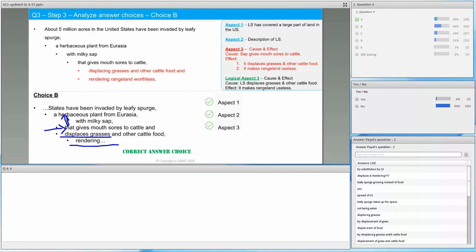And then at the end, we have this modifier that talks about the effect of displacing grasses, which is absolutely correct again, because during our meaning analysis, we realized that if leafy spurge displaces all the grass and cattle food, then of course those grazing grounds will become totally useless, because no cattle will go there to eat leafy spurge.